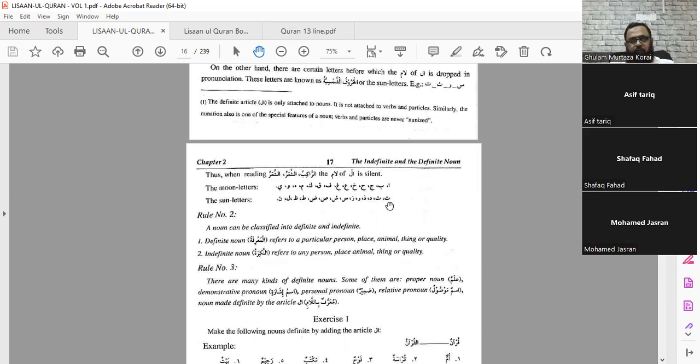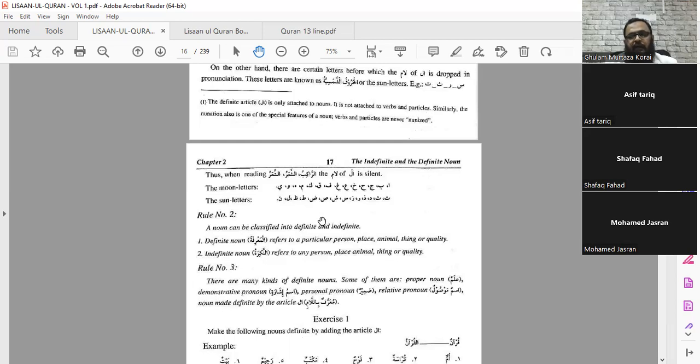Ta, tha, dal, dhal, ra, za, sin, sheen, sad, dad. Now, if alif lam comes before them, like a sister said, shamsun, ash-shamsu, lam is silent. Okay.